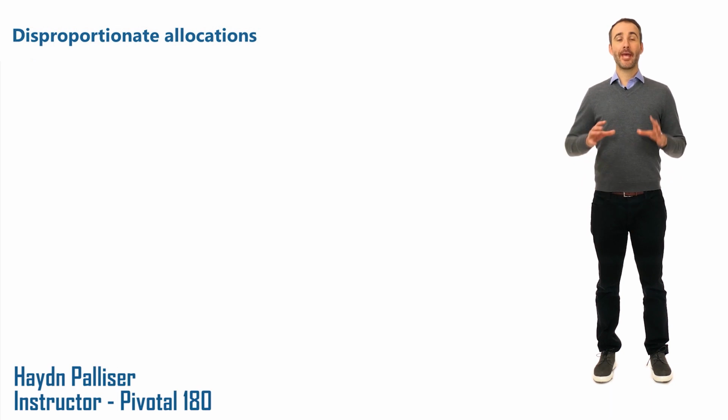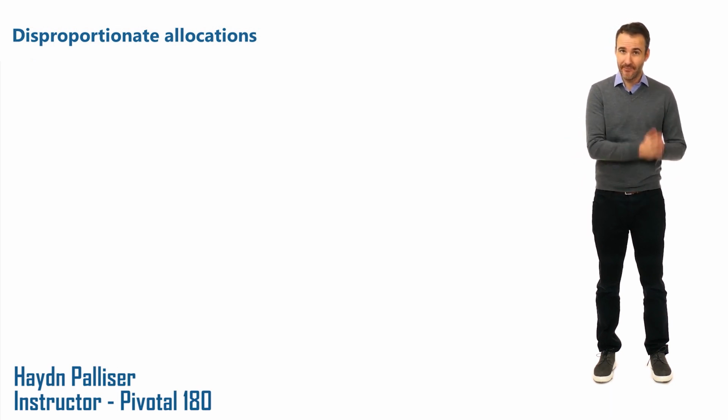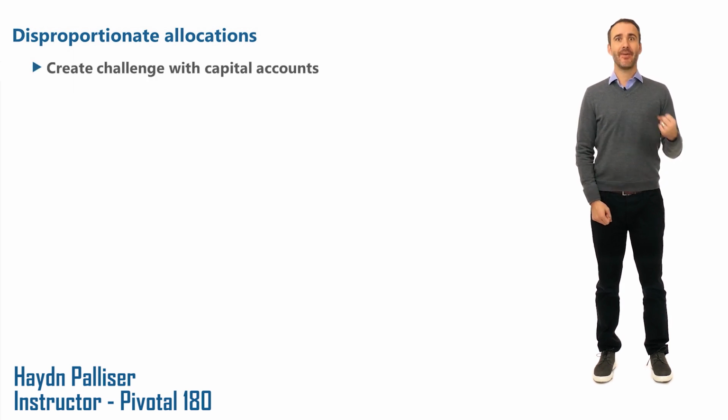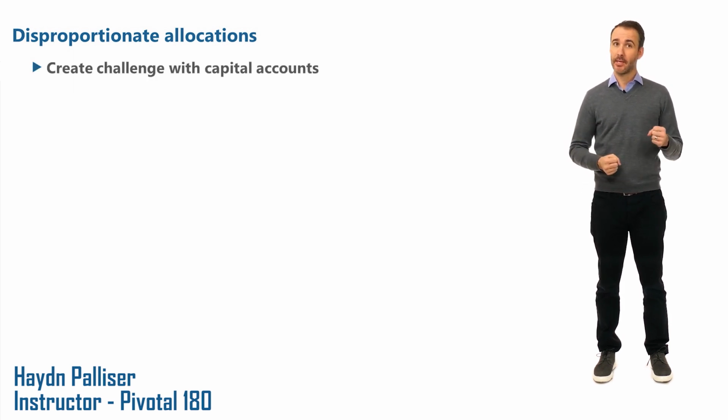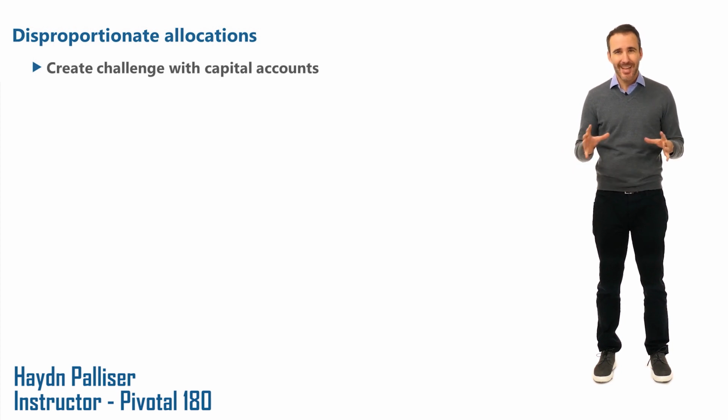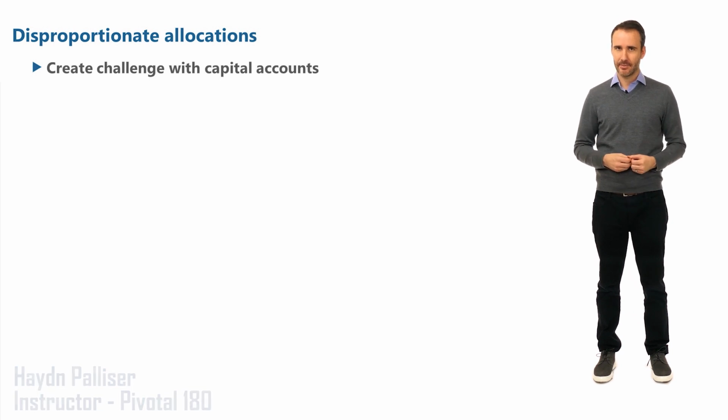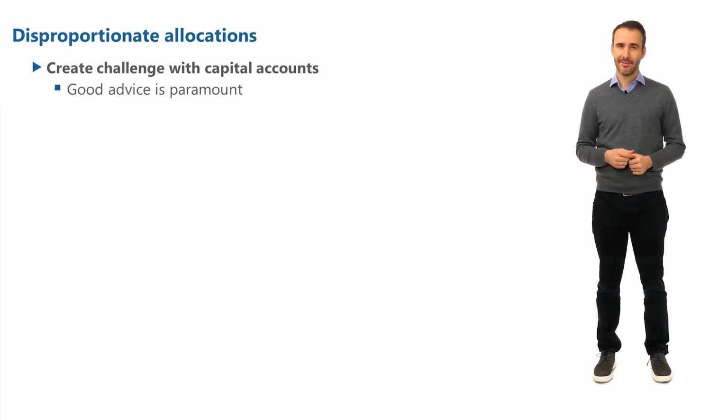This whole capital account and tax efficiency issue arose because of the disproportionate allocations between investment size to the tax benefits and the cash distributions. And it's really hard to get right, which is why we need good financial and legal advice, speaking to people like David Burton.